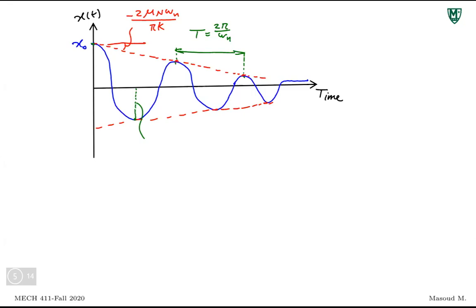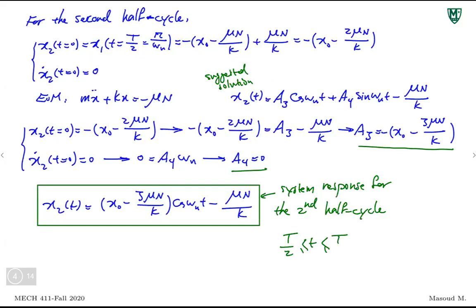So this x is the position of the mass at the end of the first half cycle. We found that as the initial condition here. There you go.